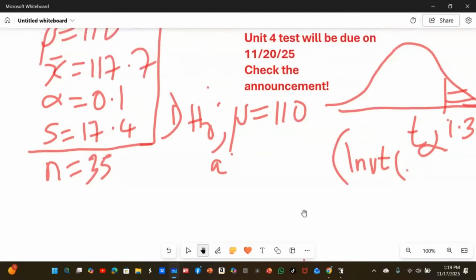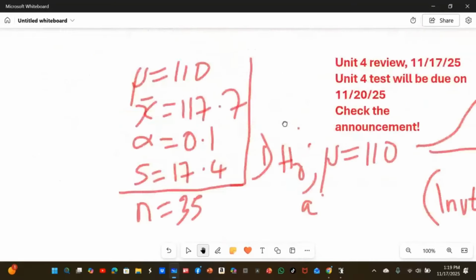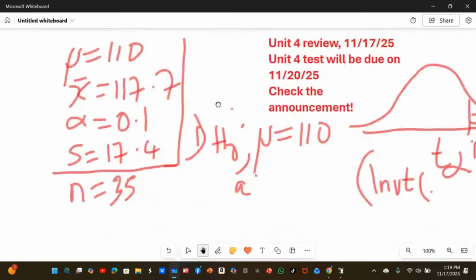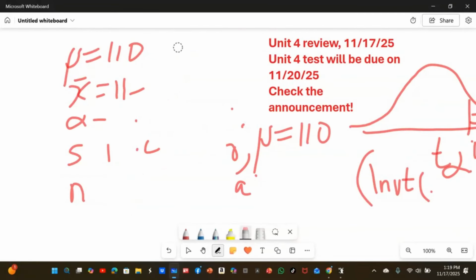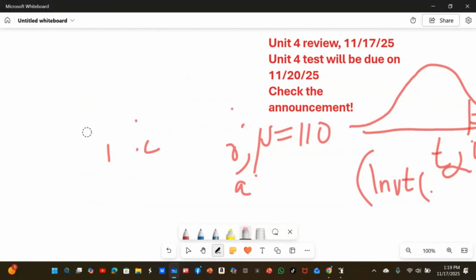You see that whenever you are given a problem, you have to make sure that you state the claim and do all it takes to do a good hypothesis testing.